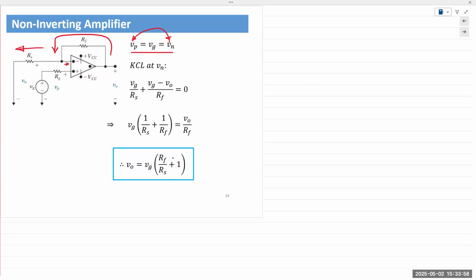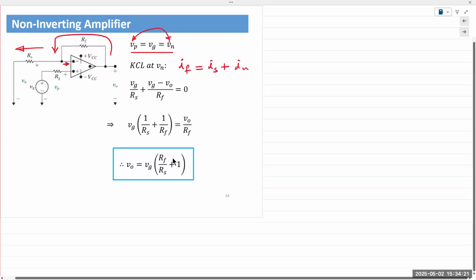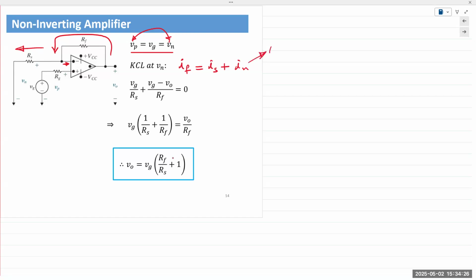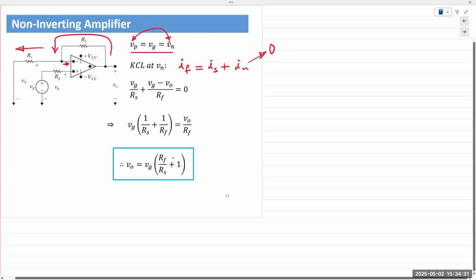And of course, IN is equal to 0. So you apply KCL, and we get IF plus IS plus IN is equal to 0. Actually, not that. IF is equal to IS plus IN. IN is equal to 0, and so we only have IF and IS.